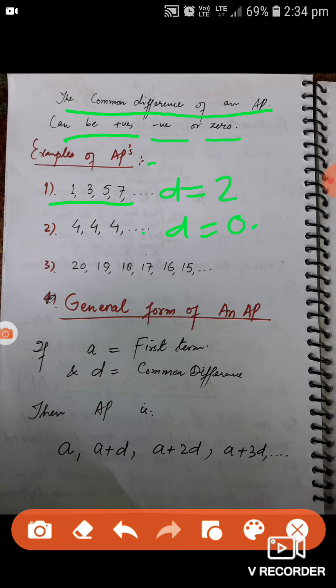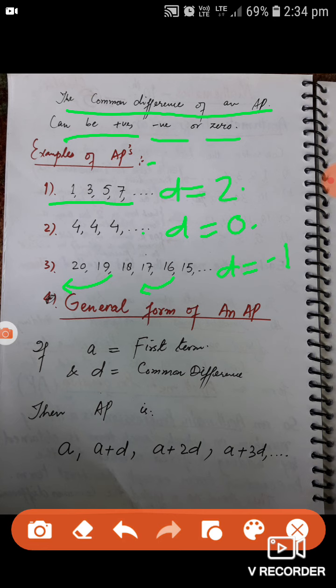It is a constant AP. And over here the common difference is -1. The common difference is the succeeding term minus the preceding term. Similarly, we can find the common difference anywhere. Its common difference is -1, so it is a decreasing AP. So these are the examples of AP.